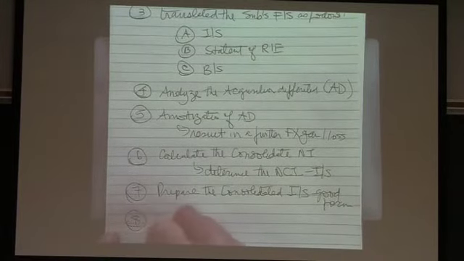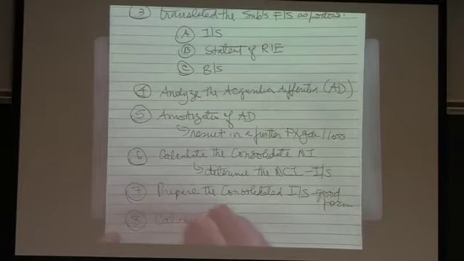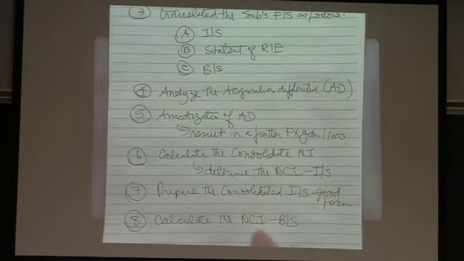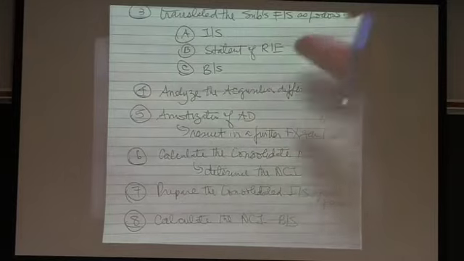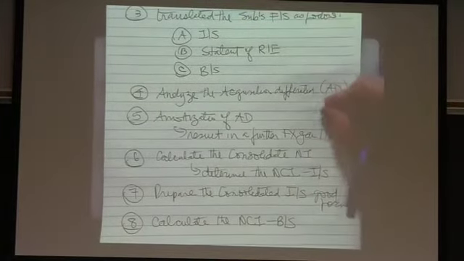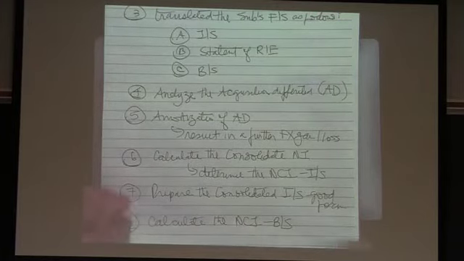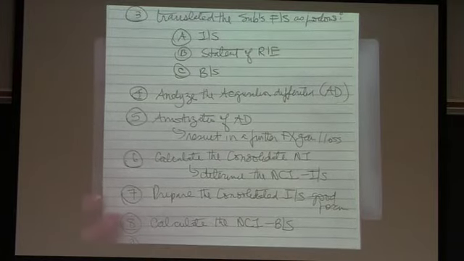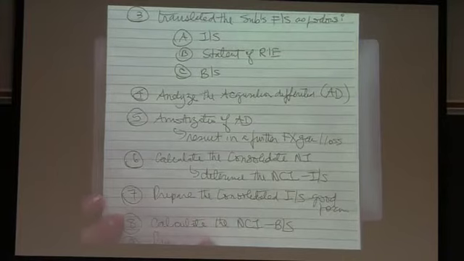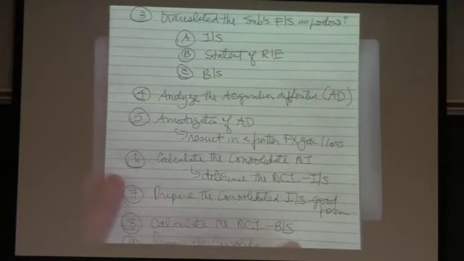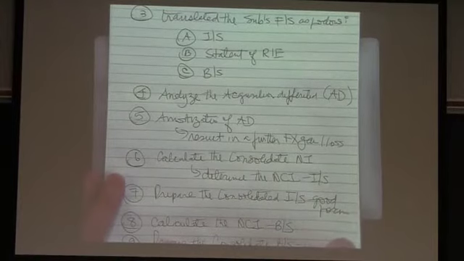Eight, we calculate the NCI balance sheet. And again, this incorporates the FX gain or loss, not just on the translation of the sub, but also the amortization of AD. And the final step is prepare the consolidated balance sheet in good form.